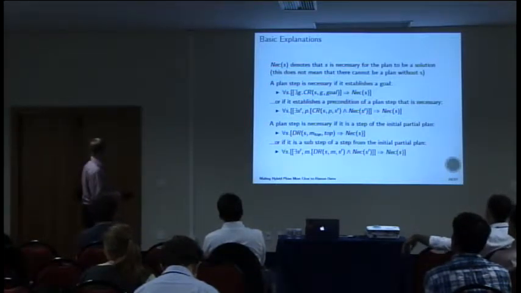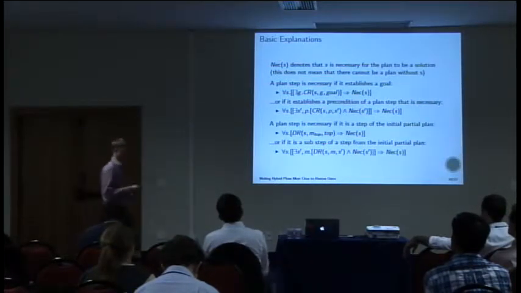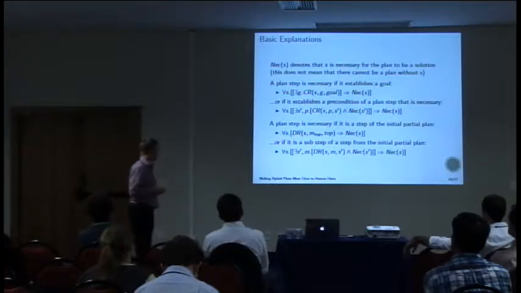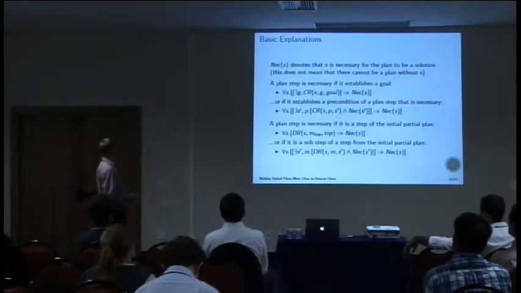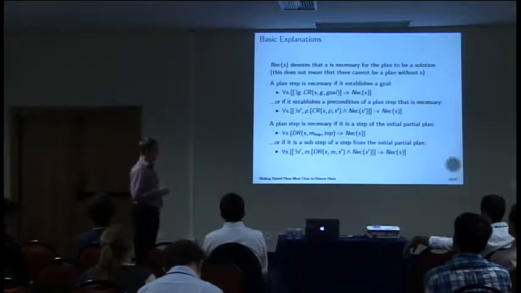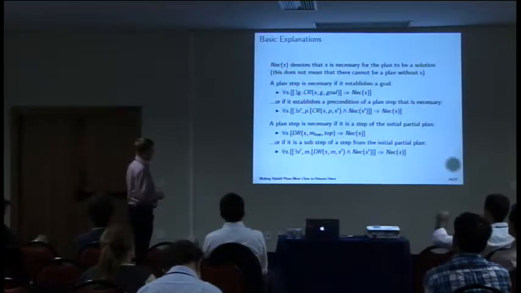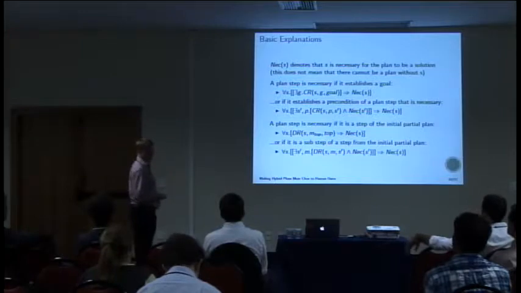So this is actually why I use this plan step top, because it allows me to represent with a decomposition relation that the plan step was from the initial plan. And finally, if I have a plan step S prime and I've already shown that this is necessary, then I can say a substep S of S prime must also be necessary.